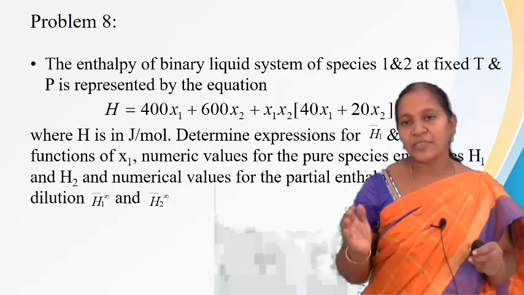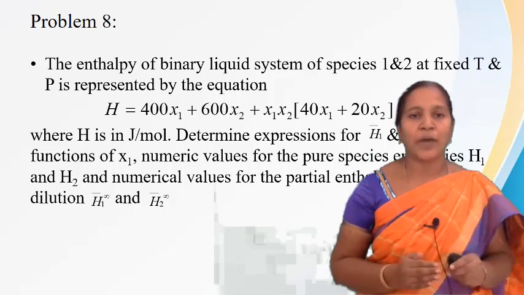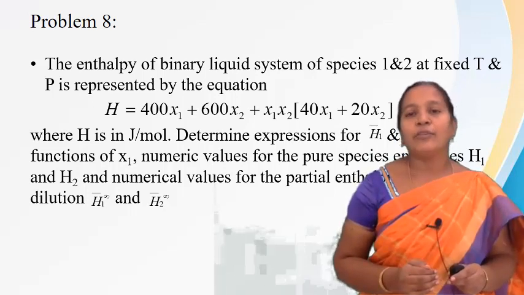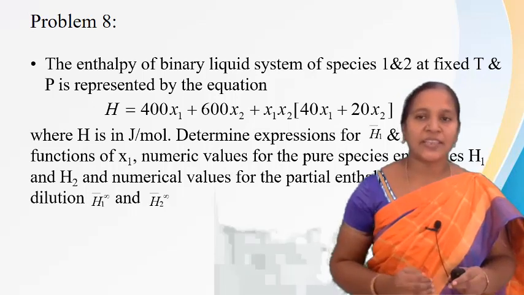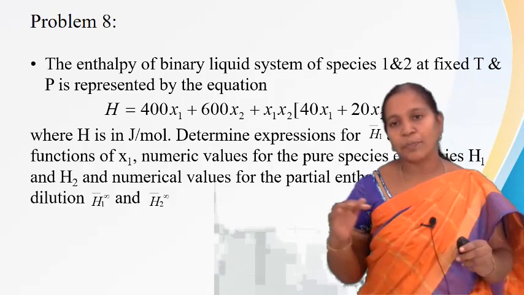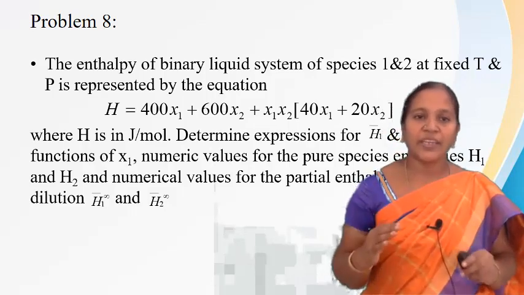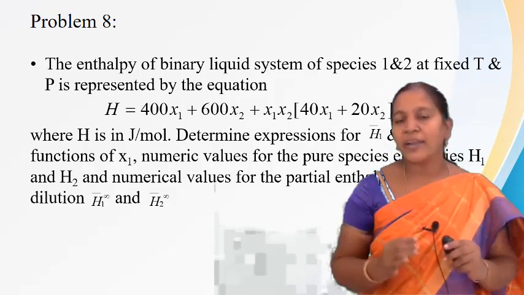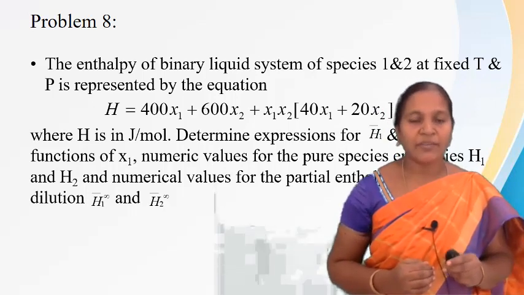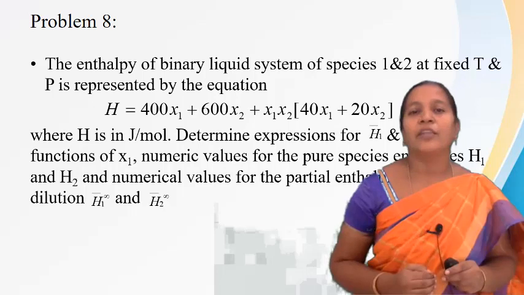Determine the expressions for H1 bar and H2 bar as functions of x1, numerical values for the pure species enthalpies H1 and H2, and numerical values for partial enthalpies at infinite dilution, H1 bar infinity and H2 bar infinity.